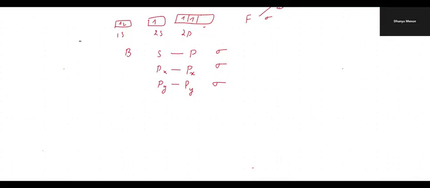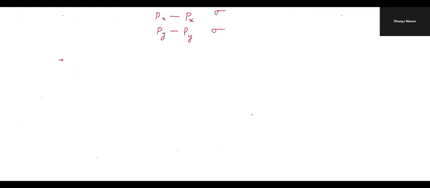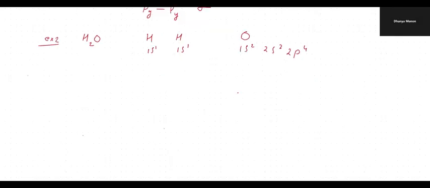Let's take another example, example 2, for water. For water, hydrogen, there are 2 of them, 1s1, 1s1. Oxygen is 1s2, 2s2, 2p4. Now we have hydrogen 1s orbital.